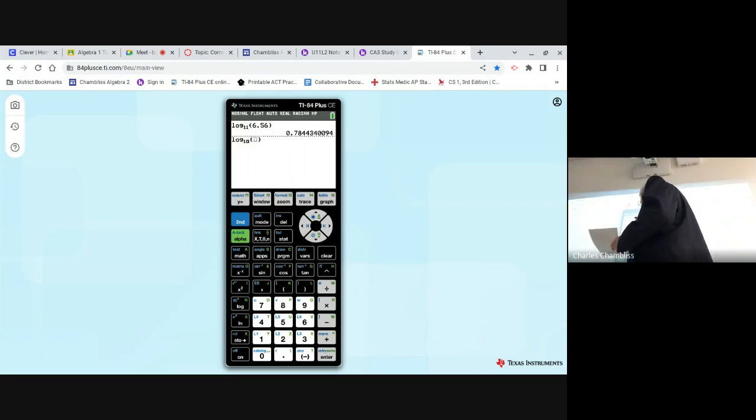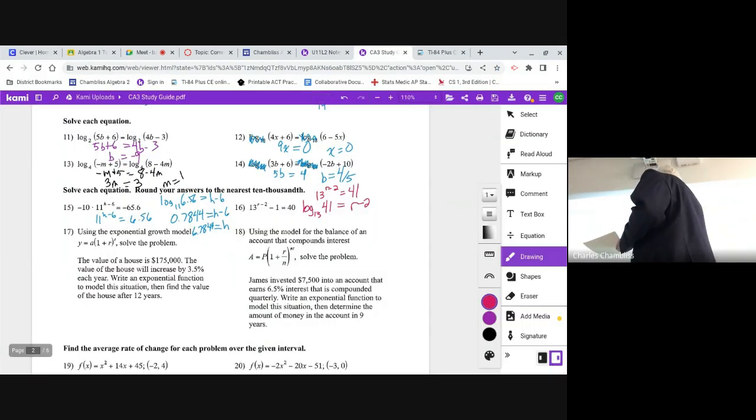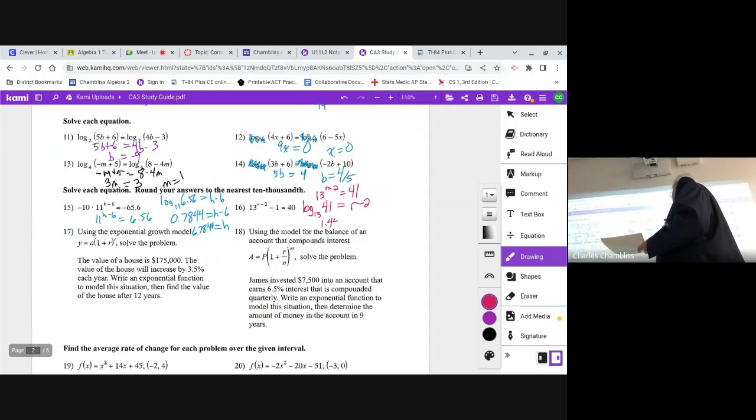Log base 13 of 41 gives me 1.4478. Add 2.